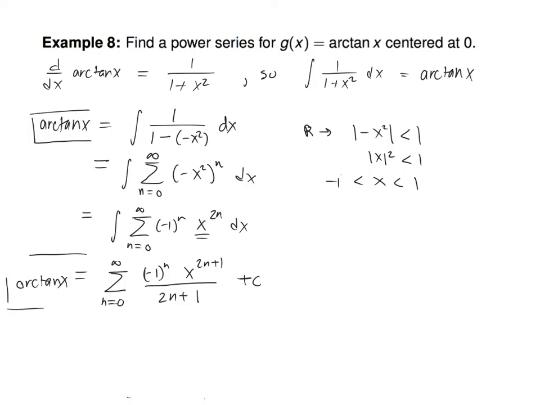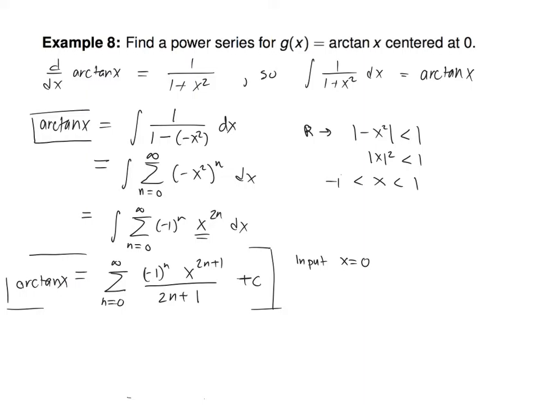Can you use that information to figure out what the c is? What's a nice value to input for x? What's your very, very favorite number? 0. Inputting 0 is super nice because when you input 0 into this power series, everything goes away, right?